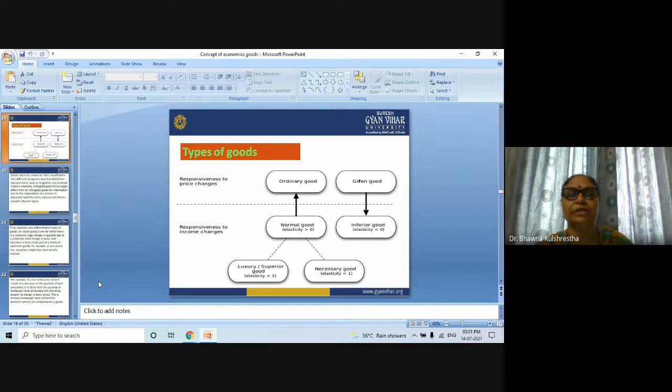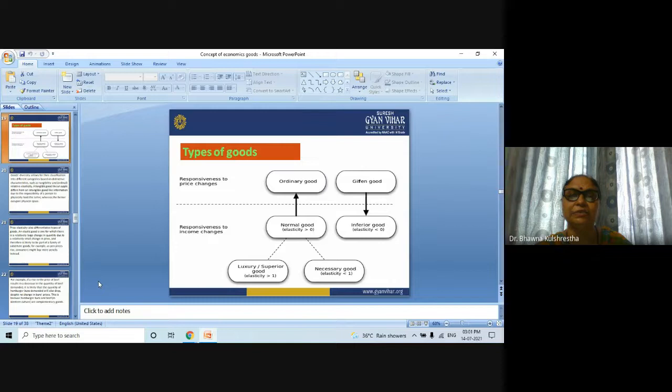Responsiveness to income changes: normal goods elasticity greater than zero, inferior good elasticity less than zero. Normal goods can be luxury, superior good, elasticity greater than 1, or necessary good, elasticity less than 1.